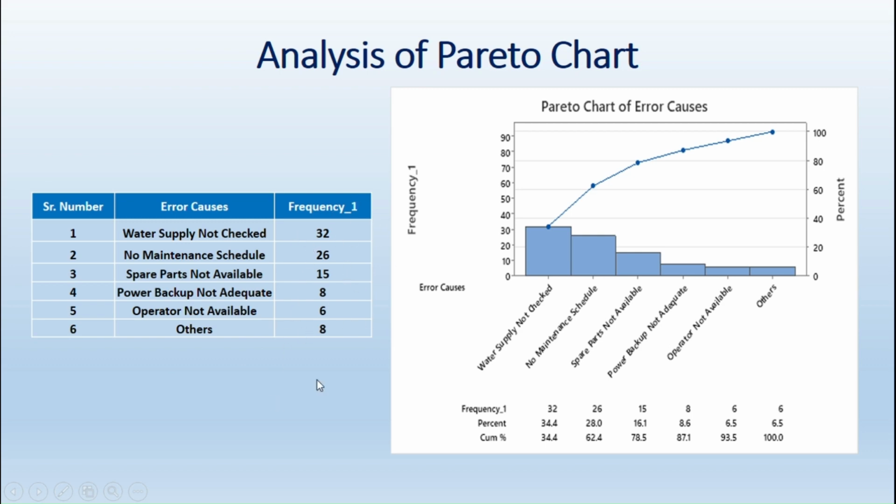And when you further create Pareto chart for this data, then you will see that the 78.5% of the errors which are actually coming from these three sub causes, which are water supply not checked, no maintenance schedule, spare parts not available.